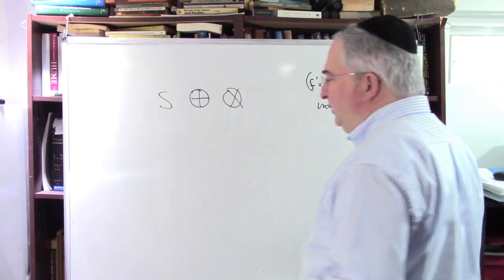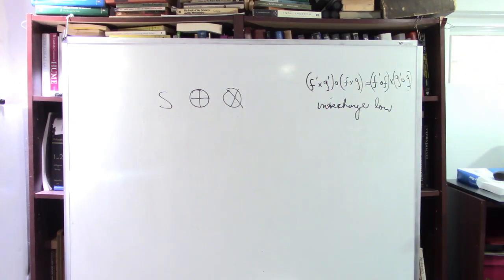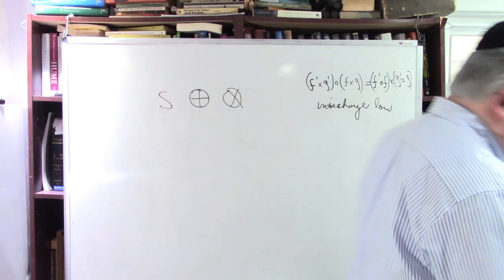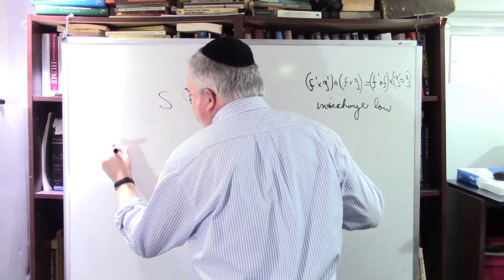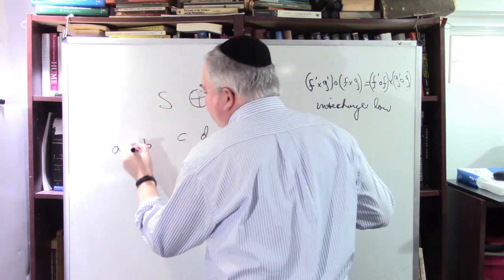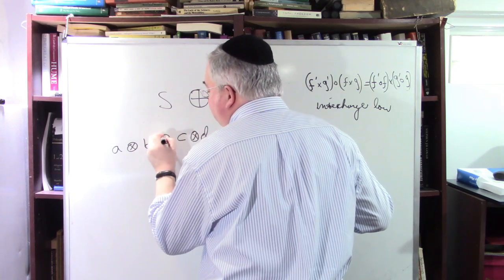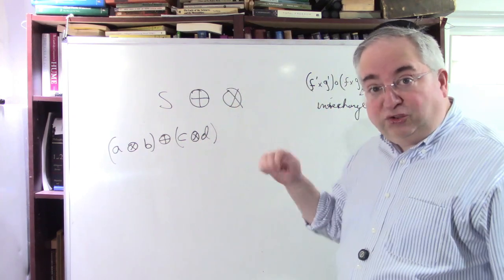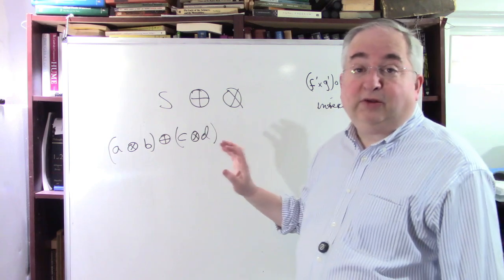It doesn't matter. But the main point is, let me just see what letters I used here. Okay. The main point is as follows. If you have four objects, A, B, C, D, and this is a times, and this is a times, and this is a plus. Again, I'm not talking about what operations we have, but we're going to see this over and over throughout the book.